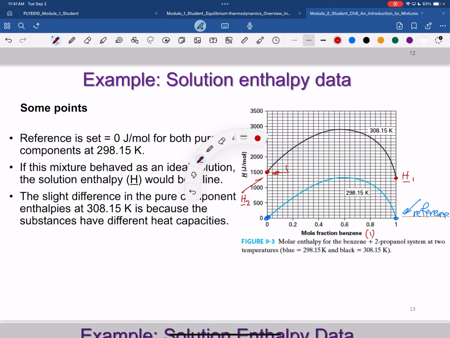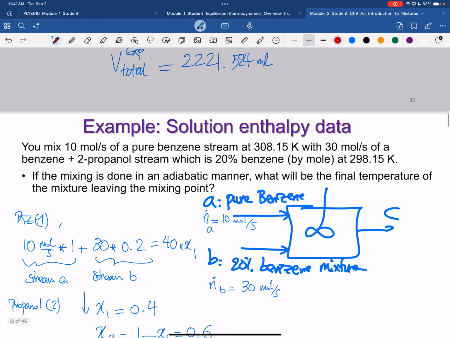So what we are going to write now is the energy balance. For our system, we have another key important piece of information in this problem, right? The mixing is happening in an adiabatic manner.